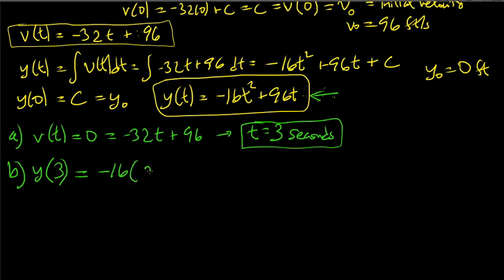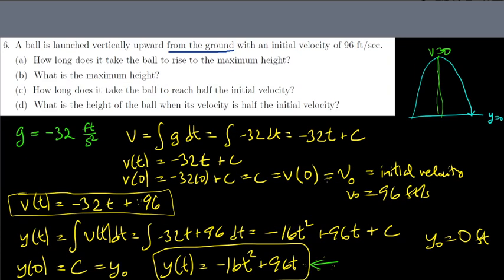Negative 16 times 3 squared plus 96 times 3. And it's 144. So 144 feet. So that's as high as it goes.